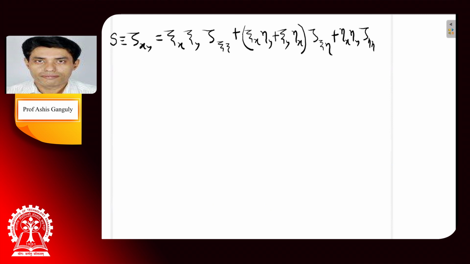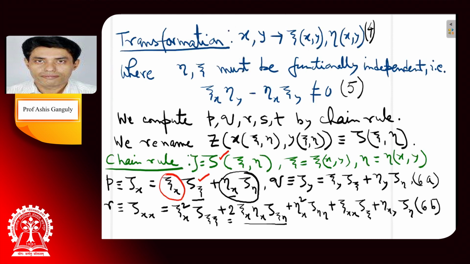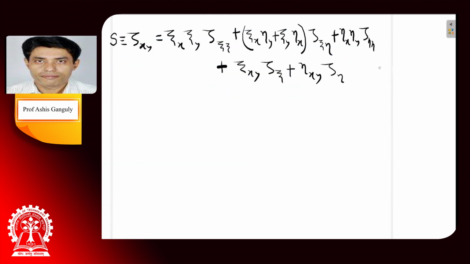Some more terms will be first order, so two terms will be first order: plus xi xy zeta xi plus eta xy zeta eta. What will be the equation number? It will be 6c.